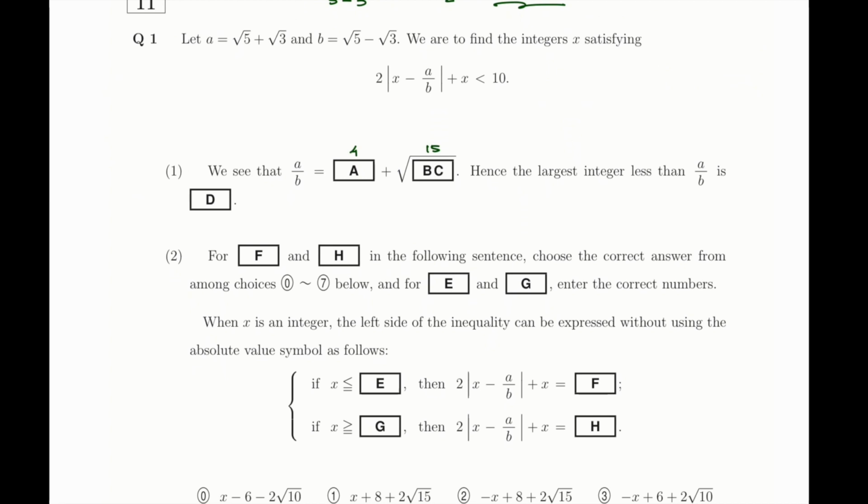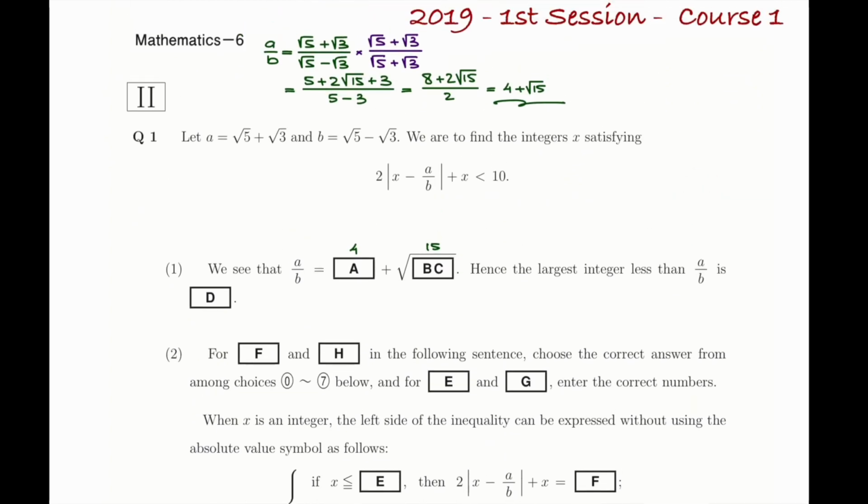Hence, the largest integer less than a over b is equal to d. Now we want to find the largest integer which is less than a over b. If you see our a over b, we have 4 plus square root of 15. Square root of 15 is approximately 3.9 if I'm not mistaken, because square root of 16 is 4, so square root of 15 is around 3.9.